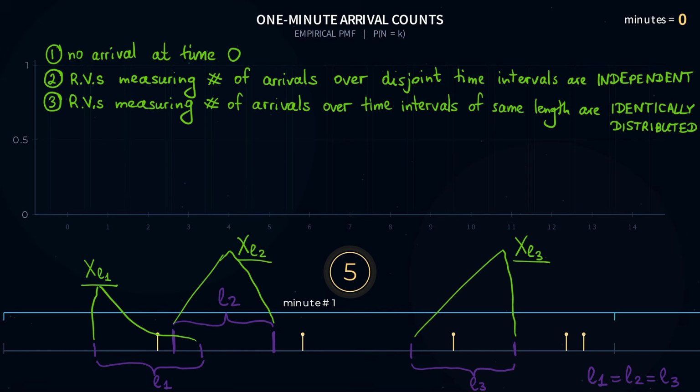And notice now that postulates 2 and 3 taken together give us some IID flavor here that should remind us of the IID conditions in a Bernoulli process. Right, in a Bernoulli process, we required that the Bernoulli random variables be IID. And here we start seeing that there is an analogous IID flavor to a Poisson process.